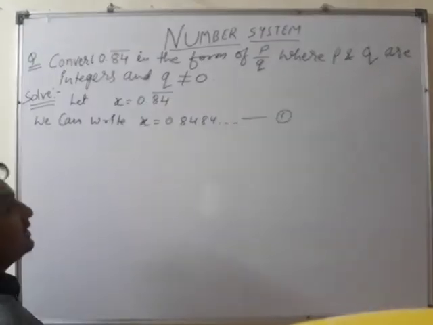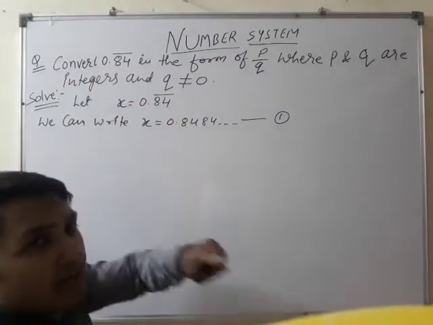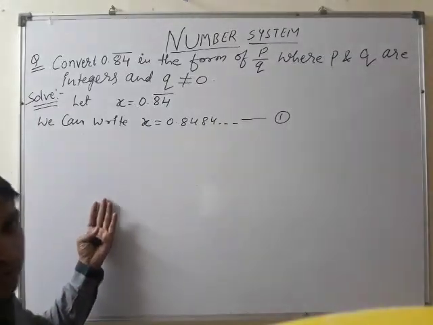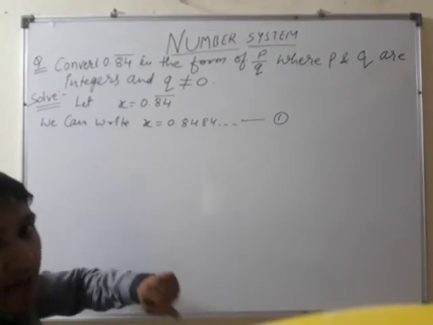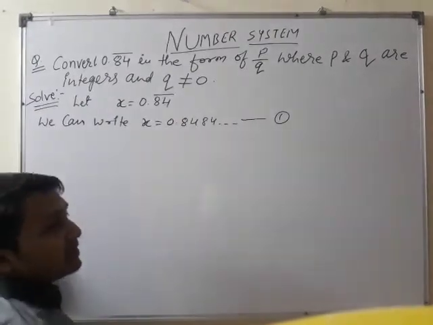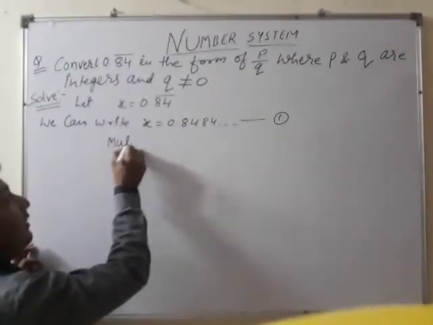Is it clear? Now as we can see that the bar is on both digits, 2 digits, so we will multiply both sides by 100. In the previous question, we multiplied by 10 because the bar was only on 1 digit. This time the bar is on 2 digits, so we will multiply both sides by 100.